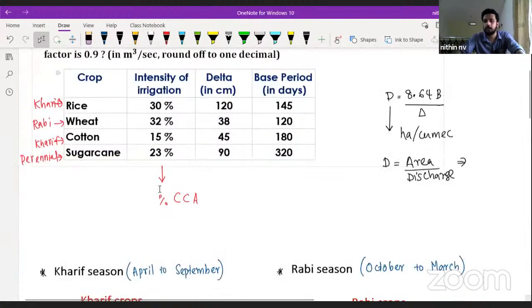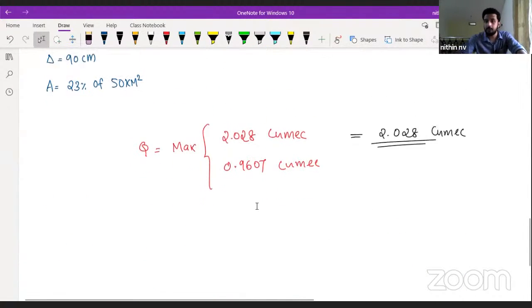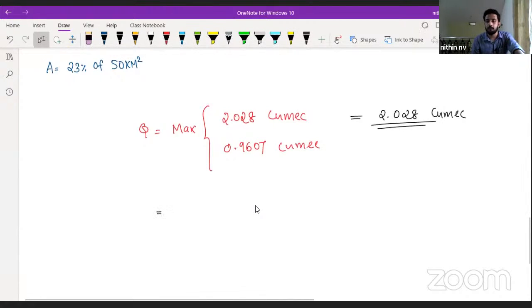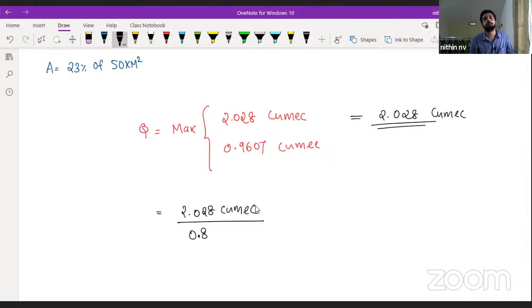Whenever they give time factor or conveyance efficiency, what we need to do: if we are having 2.028 cubic in the canal and there is some loss, as we have already discussed, if you want to give more water then obviously we have to divide by it.